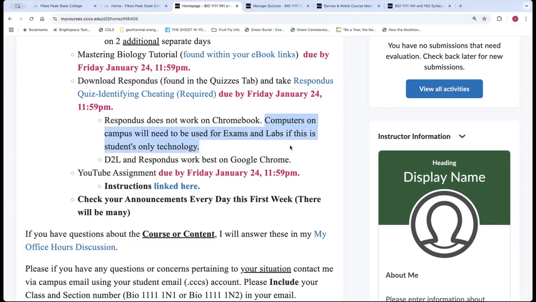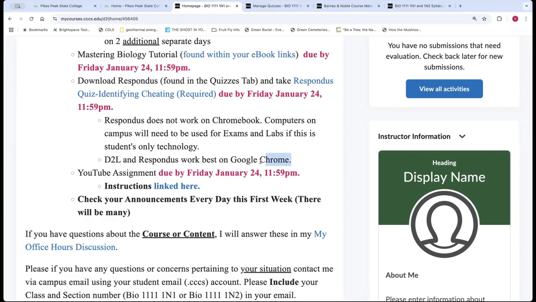Not only is this important for the use of Respondus, but also for the use of your lab reports, because with a Chromebook or your iPad it is a little iffy, you cannot download Office 365. And we'll talk about the lab report requirements in a separate video.